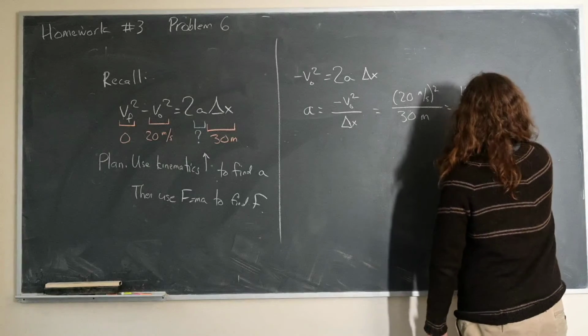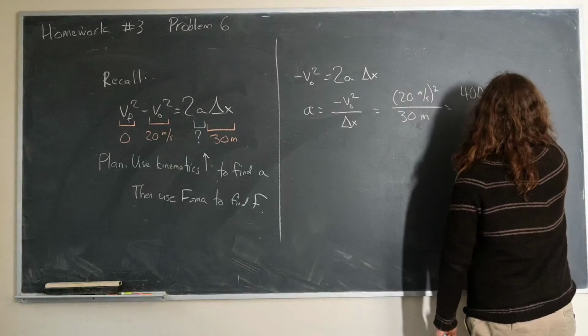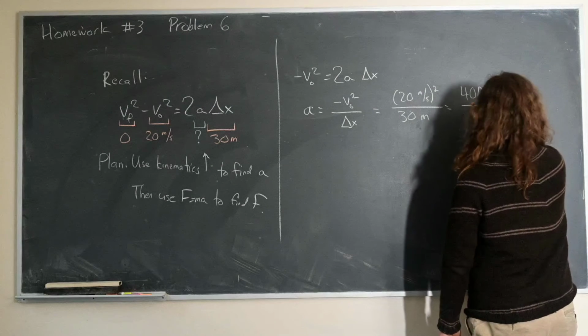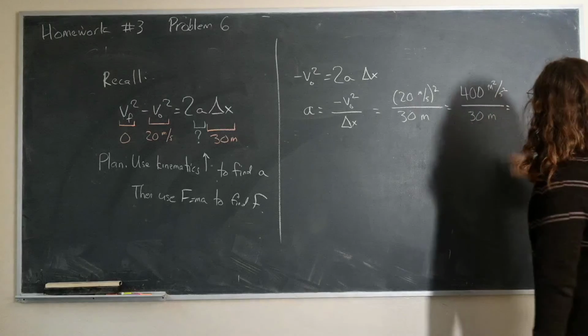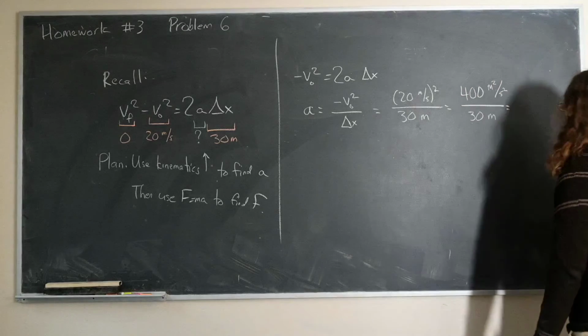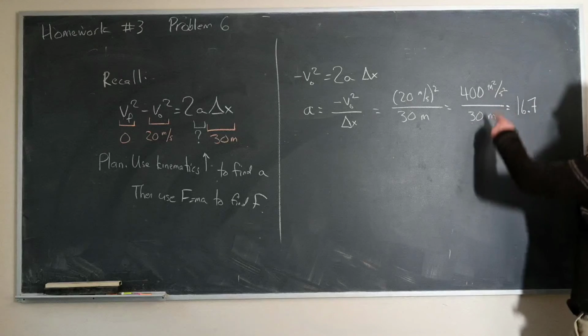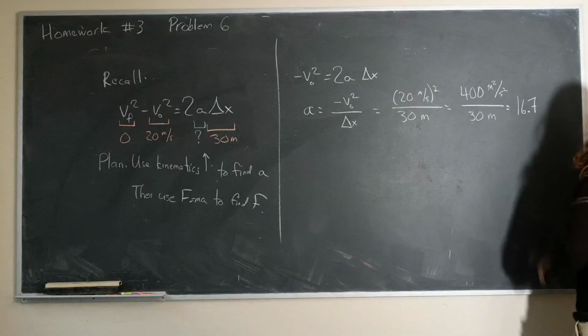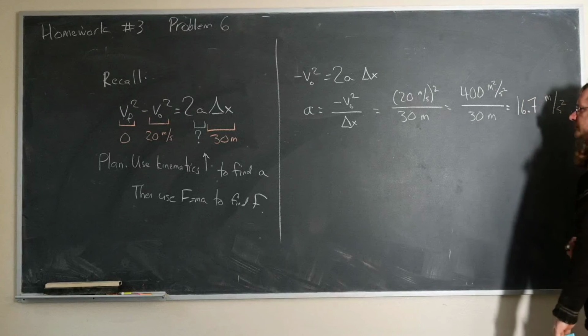This gives me 400 meters squared per second squared, divided by 30 meters. So that's 40 over 3, which is 13.3. Meters squared per second squared divided by meters is meters per second squared.